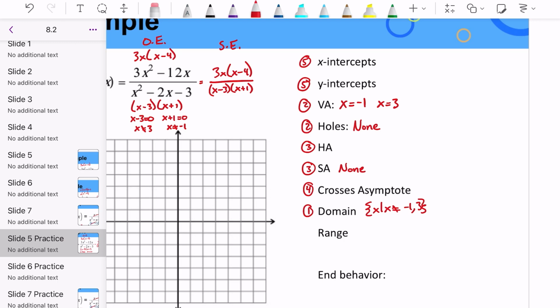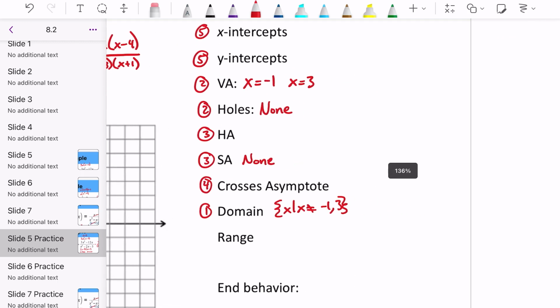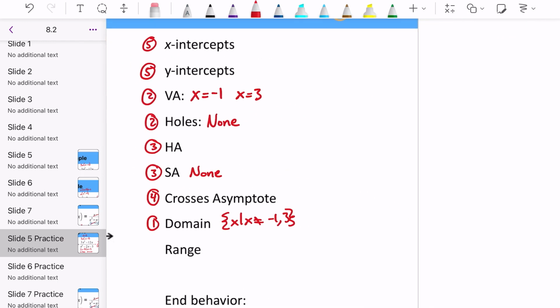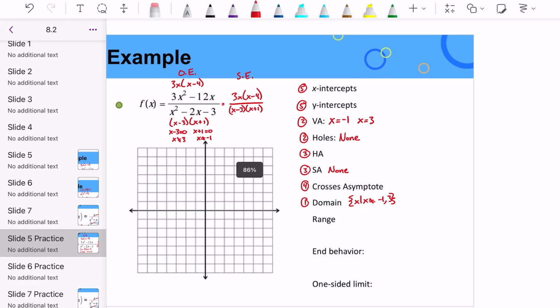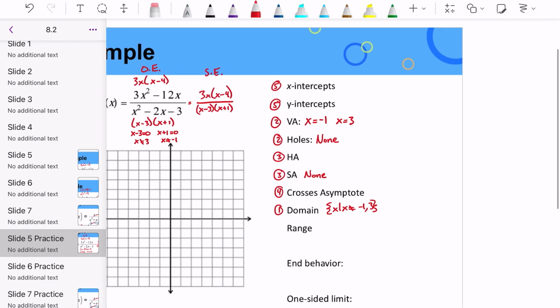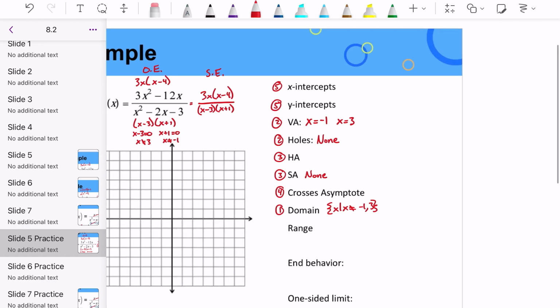It is, on the other hand, a horizontal asymptote. So we would go ahead and write down our leading coefficient, in this case, which would be 3 over 1, which means that our horizontal asymptote would be y is equal to 3.